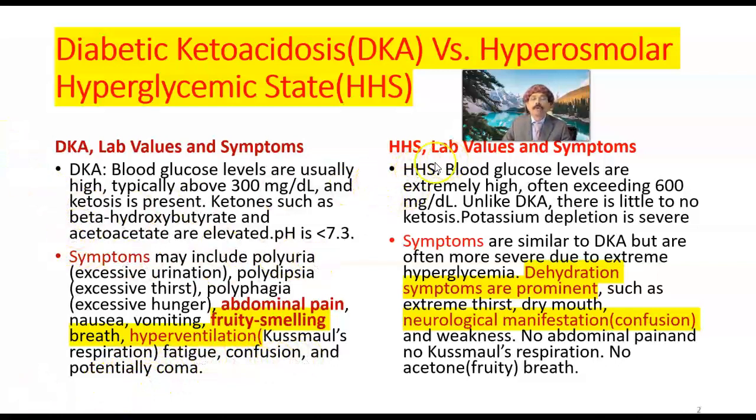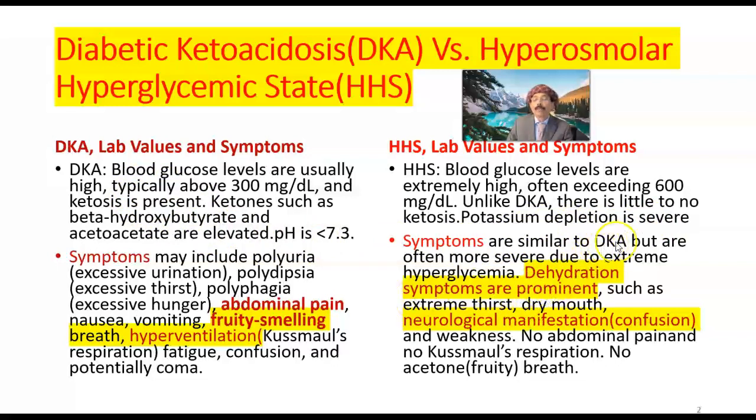In case of hyperosmolar hyperglycemic state, blood glucose levels are extremely high, often exceeding 600 mg per deciliter. Unlike diabetic ketoacidosis, there is little to no ketosis. Potassium depletion is severe. Potassium depletion may also be possible in diabetic ketoacidosis, but here it is severe.